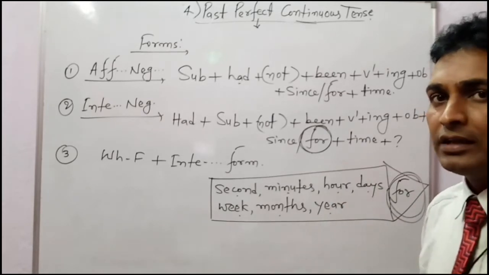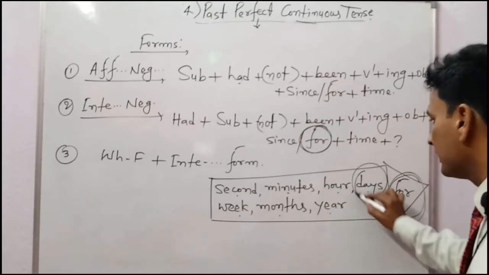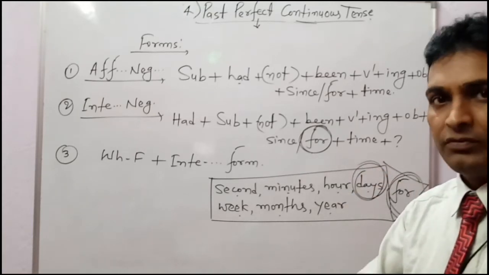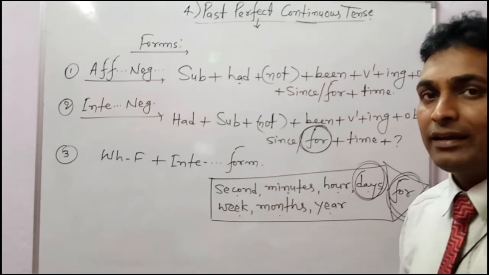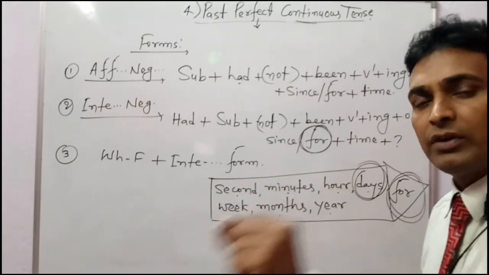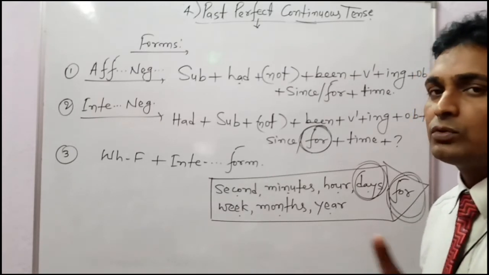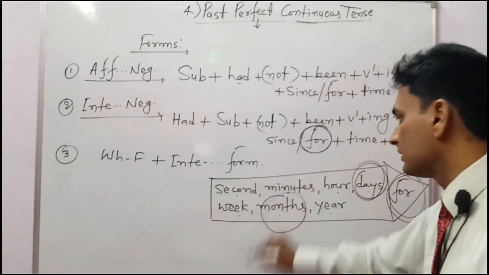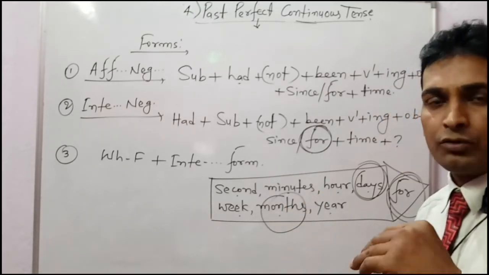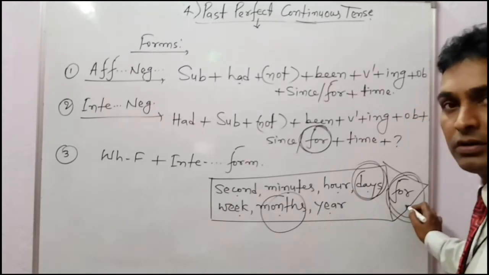One more important thing you have to remember, that is in case of days, 2 days, 5 days, 10 days, 15 days, you have to go with for. But in case of names of any day, like Sunday, Monday, Tuesday, Wednesday and any day, right, you have to go with since. Similarly, if there is months, 2 months, 1 month, 3 months, right, you have to go with for.